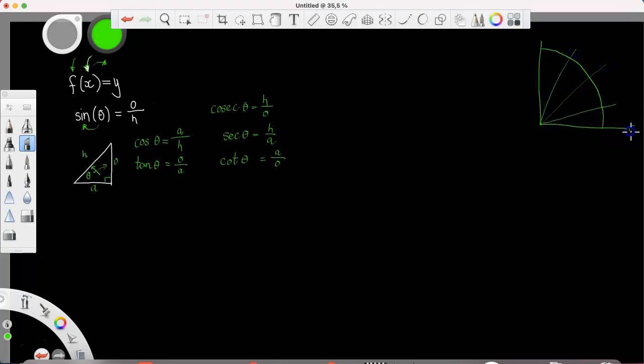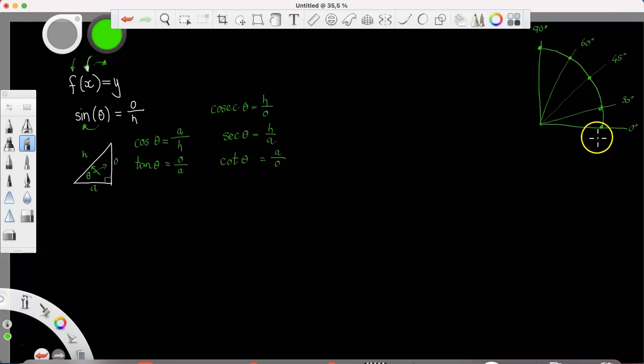Okay, there's angle 0, angle 30 degrees, angle 45 degrees, 60 degrees, and then 90 degrees. And these are points on the Cartesian plane. So it's the point xy.